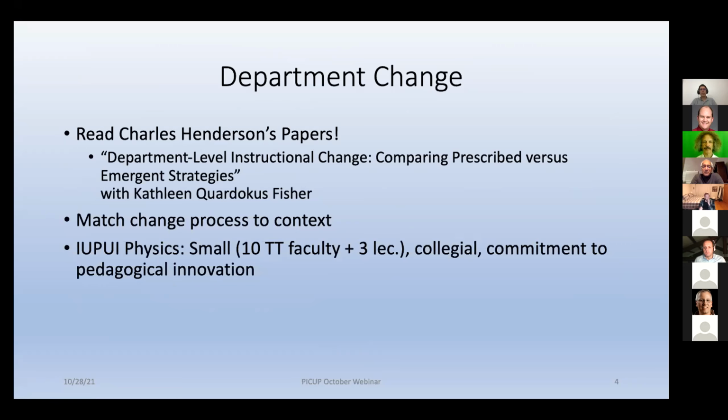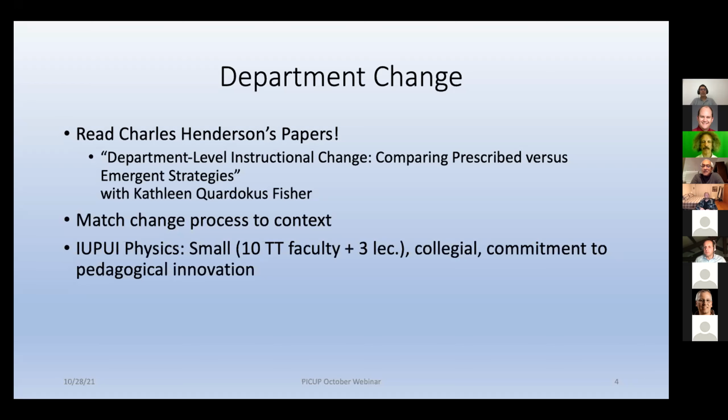And we've had a history of a commitment to pedagogical innovation. Andy Gavrin, many of you know him. Before that, Gregor Novak, a former faculty member who's since retired. They have brought about some changes. And so the faculty and the department was used to this idea that there are lots of data-driven methods out there that one could use.